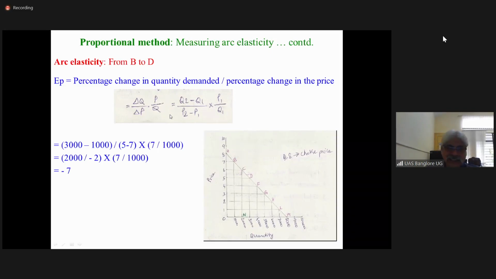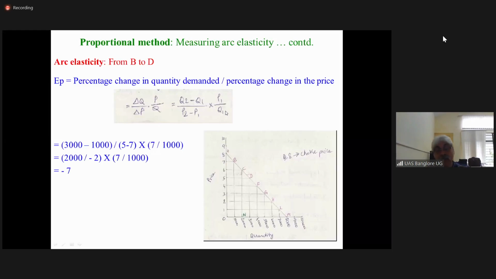So it can be written as Q2 minus Q1, the change in quantity, where Q1 is the original quantity and Q2 is the new quantity, divided by P2 minus P1, where P2 is the new price and P1 is the original price, into P1 by Q1.